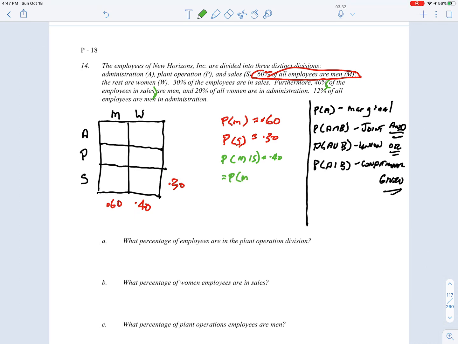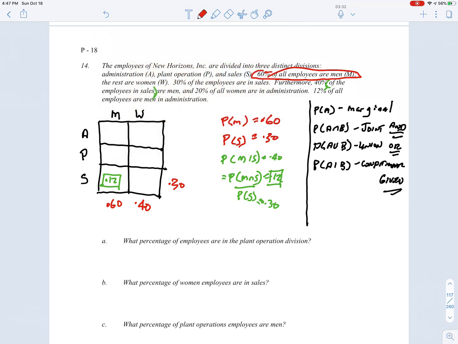Now, that's going to be equal to the probability of M and S over the probability of S. And we know that the probability of S is 30%, so it's going to be 40% times 30% is equal to 12%. So there's your answer right there. And that goes in right there.